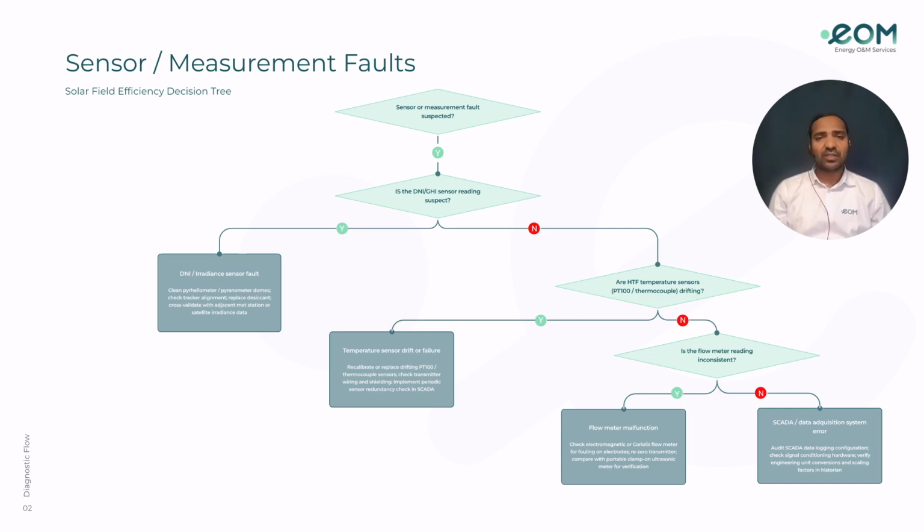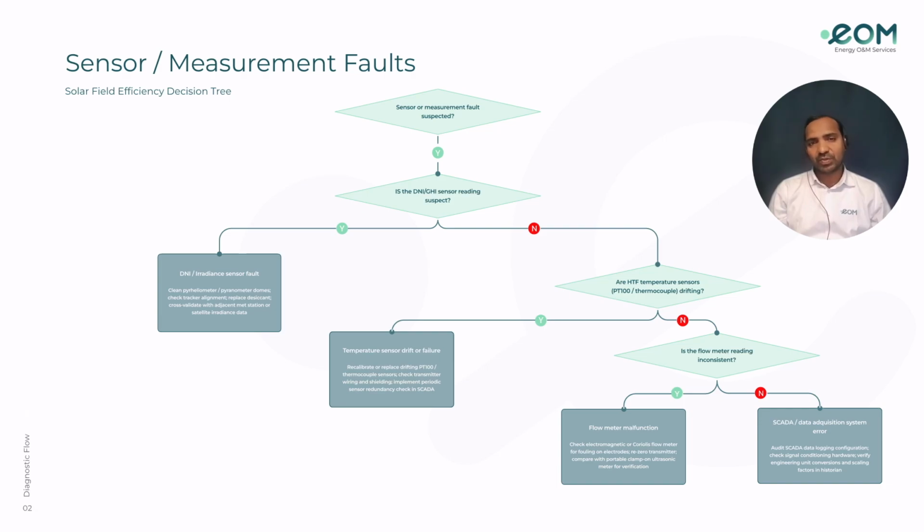An inconsistent flow reading may indicate fouling inside electromagnetic or Coriolis flow meters, transmitter offset issues, or instrumentation problems. A good practice is to compare installed meter readings against portable ultrasonic verification measurements. If all primary instrumentation appears healthy, then the problem may originate from the SCADA or data acquisition system itself.